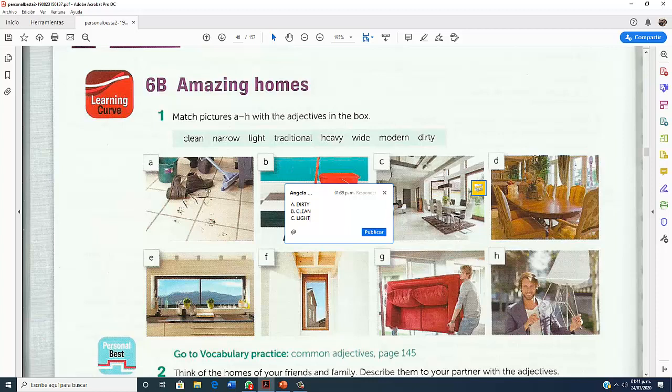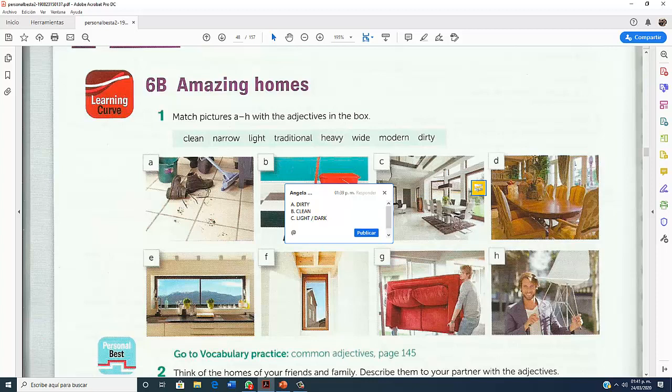It's a light place. It's not dark. The opposite of this word would be dark. So you have a dark place, and the opposite is a light place. In this case, this living room is very light because there's a lot of light here.